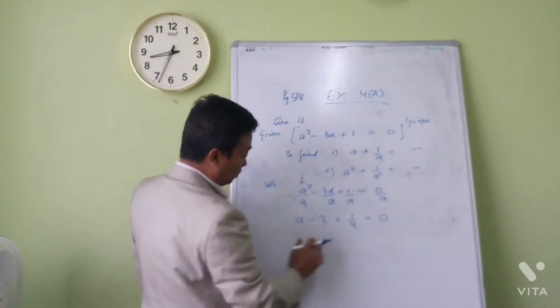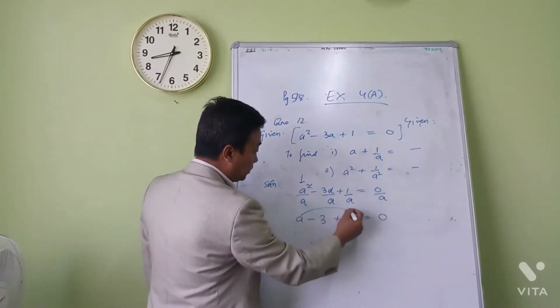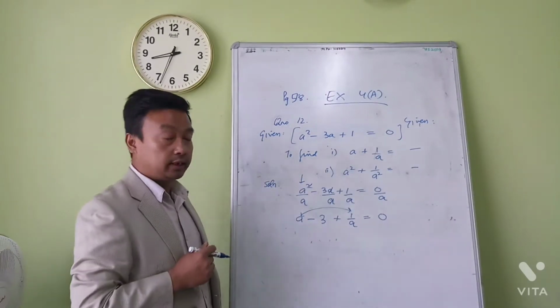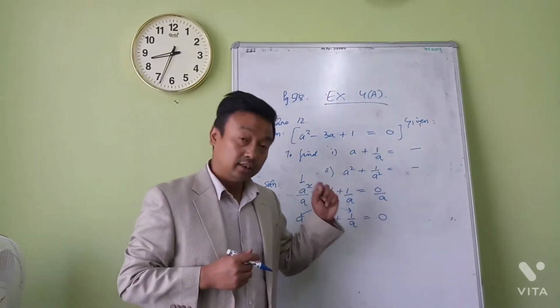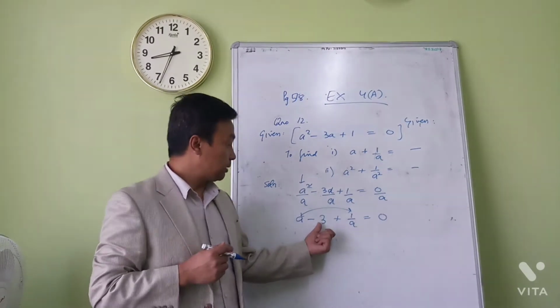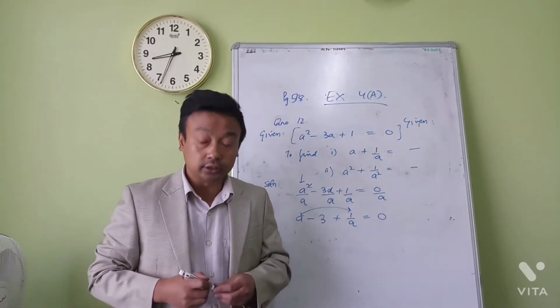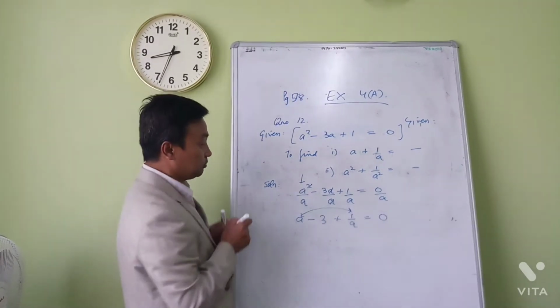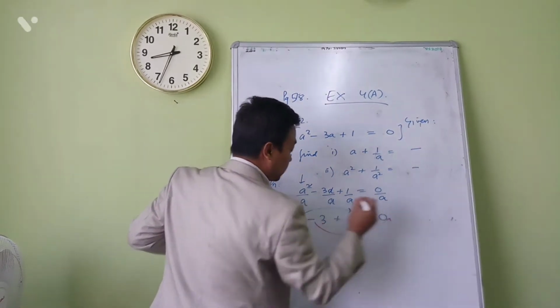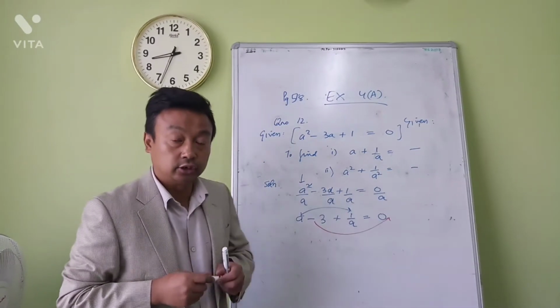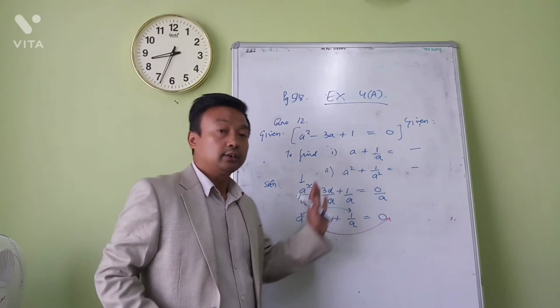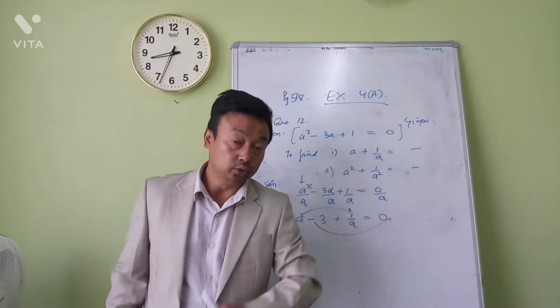So now what we can get is this a plus 1 by a, we will keep it on the left hand side only. Then this minus 3, we will take it to the other side. That is called the transpose. See, minus 3 will go to this side. And when you take the term from left hand side to the right hand side, what is the rule you have to follow?